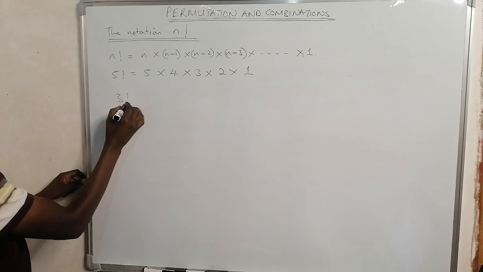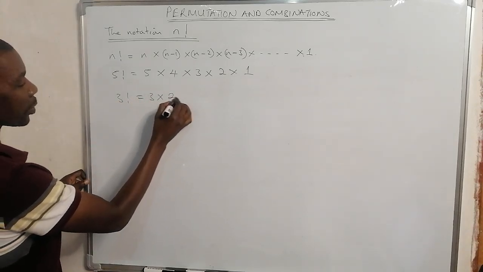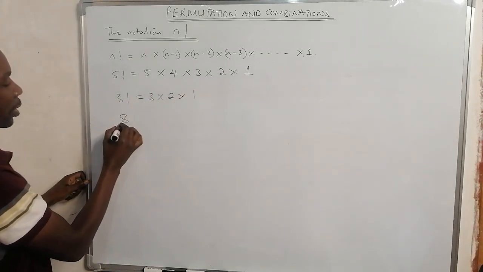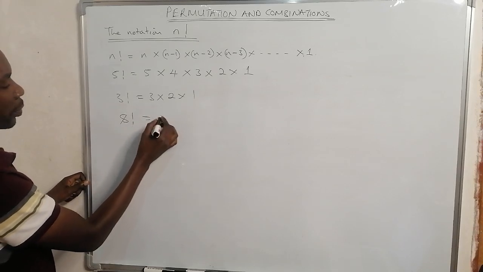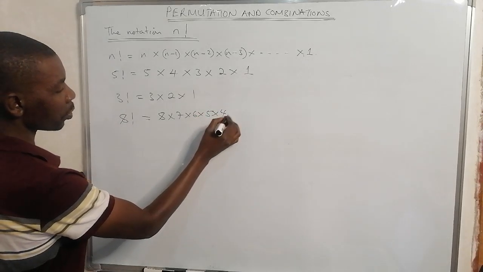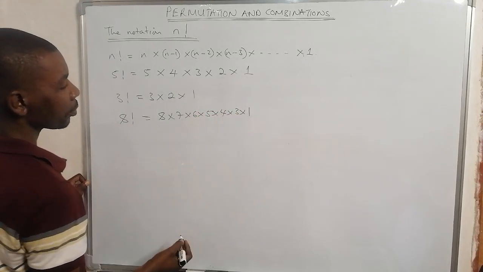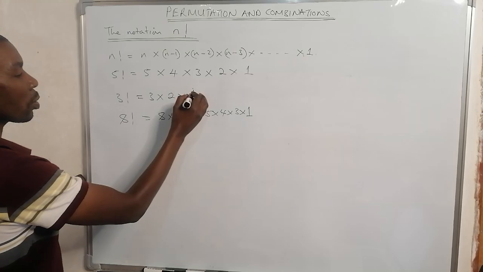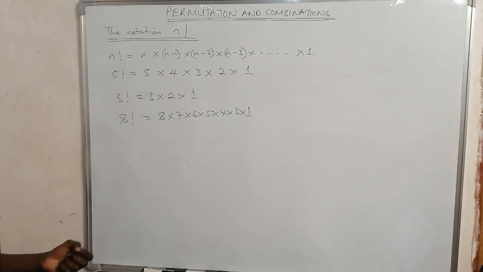Let's say we are given 3 factorial. This is the same as 3 times 2 times 1. Even if we are given 8 factorial, it's the same as 8 times 7 times 6 times 5 times 4 times 3 times 2 times 1.